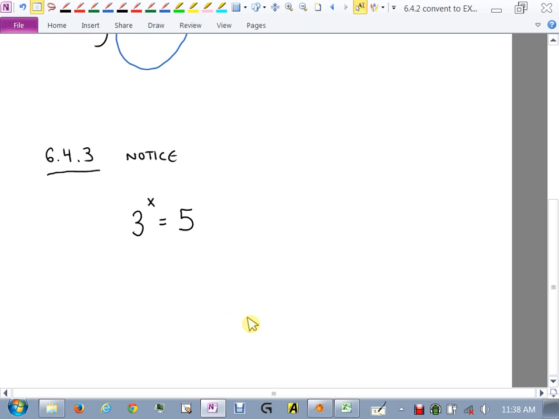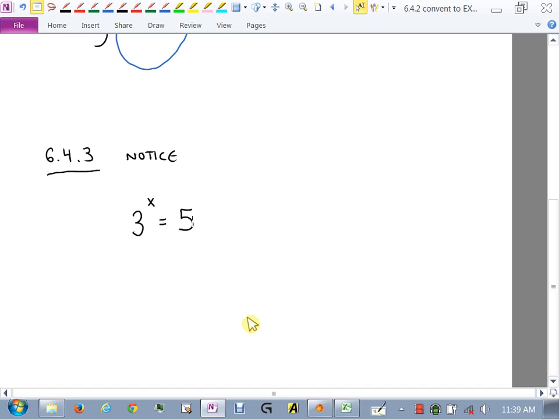And I started class by talking about the different types of equations we can solve. Linear, quadratic, and when we got to exponential, we said, yeah, sometimes we can, and then sometimes we can't. This one we could not do, right?